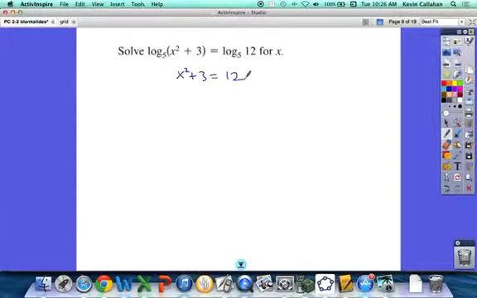Subtract 3. x squared equals 9. x equals plus or minus 3. That's the one-to-one property because it's clearly one log on the left, one log on the right, and they have the same base. Then you make an equation out of the arguments. No more logarithms.